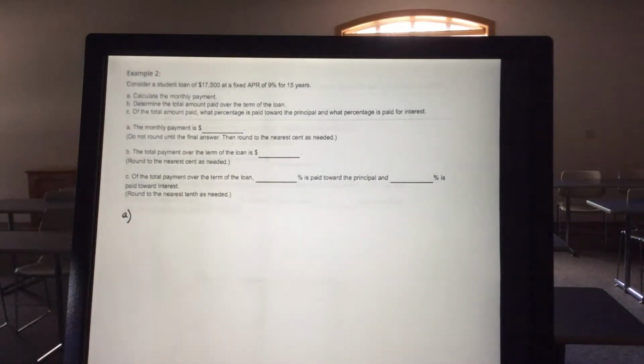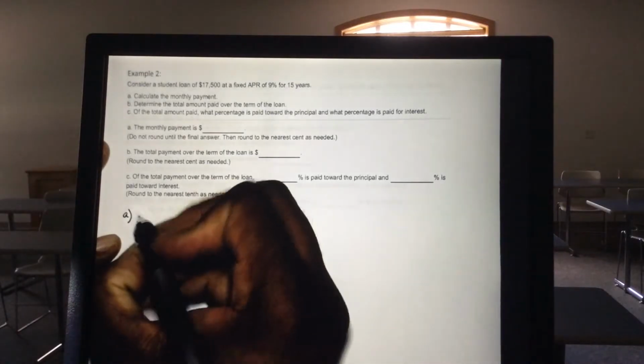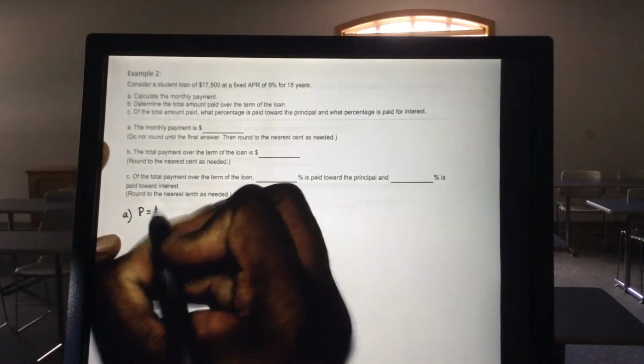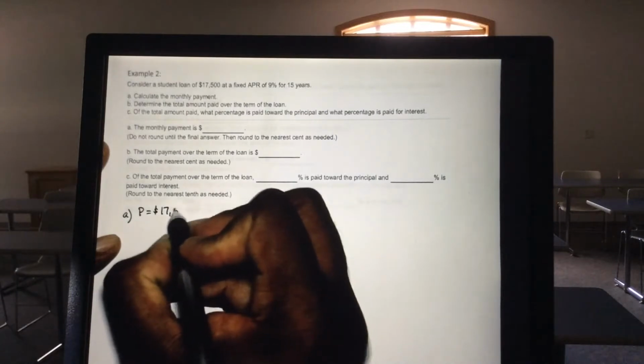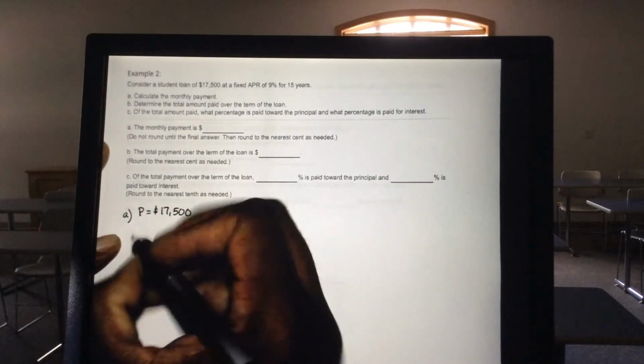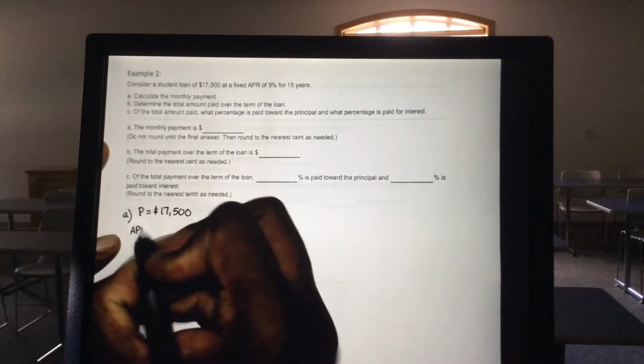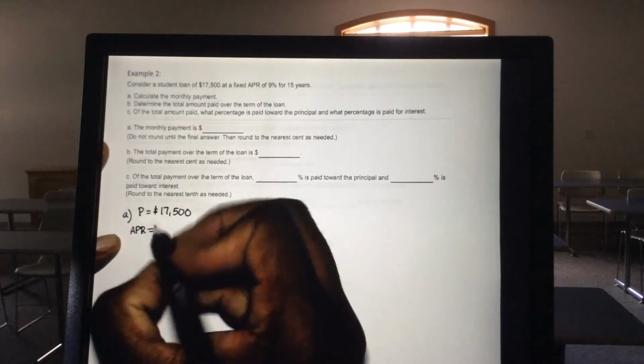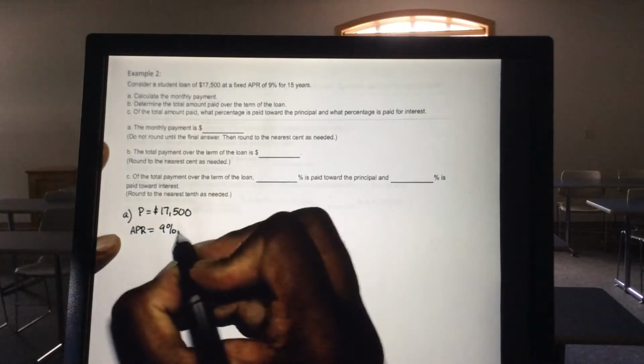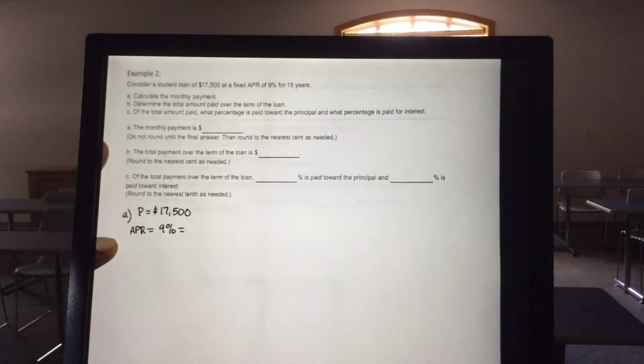So that's part A. In this case, we have a principal of $17,500. The APR is 9%. That's the annual percentage rate. But we need to convert 9% to a decimal.